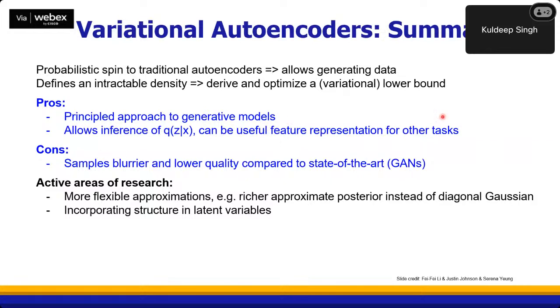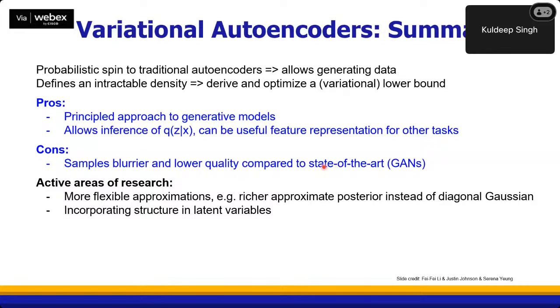One of the limitations, one of the issues with variational autoencoders, is that we get somehow a blurred version or lower quality versions of the images. If we compare the results of variational autoencoder with generative adversarial networks, I hope you are going to study generative adversarial networks in subsequent lectures.